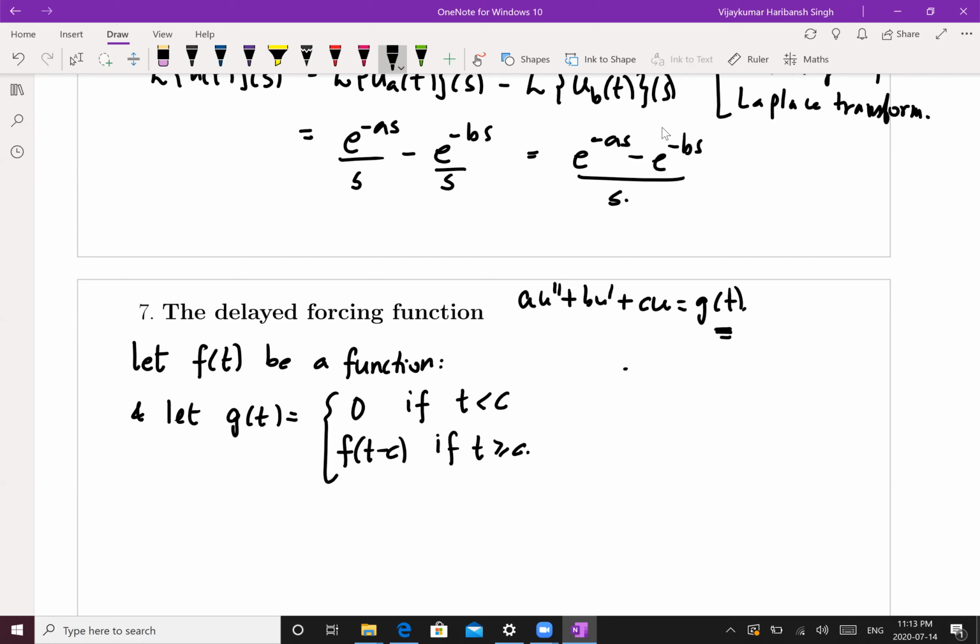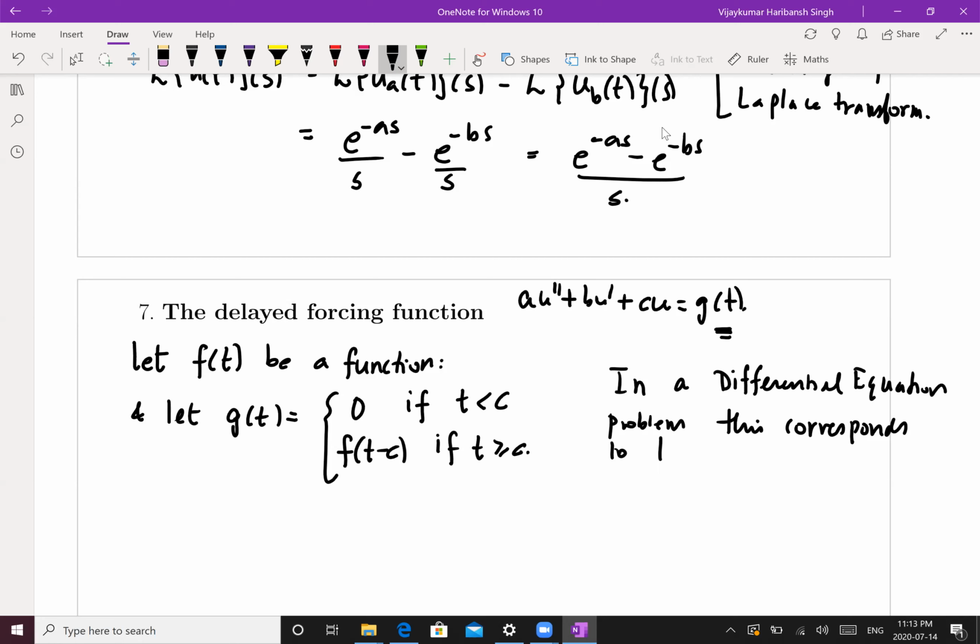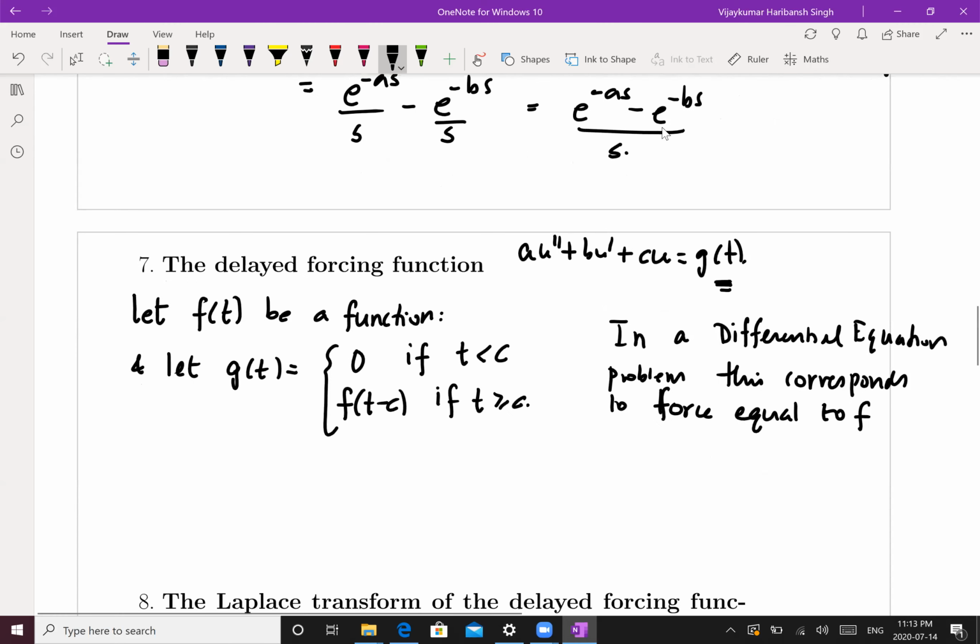So if you look at it from a differential equation perspective, this corresponds to force equal to f applied at the beginning, at the delayed time t equals c.